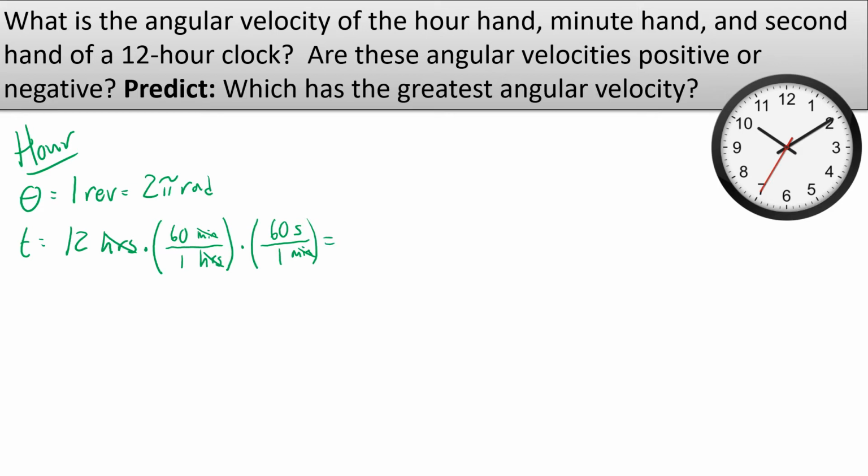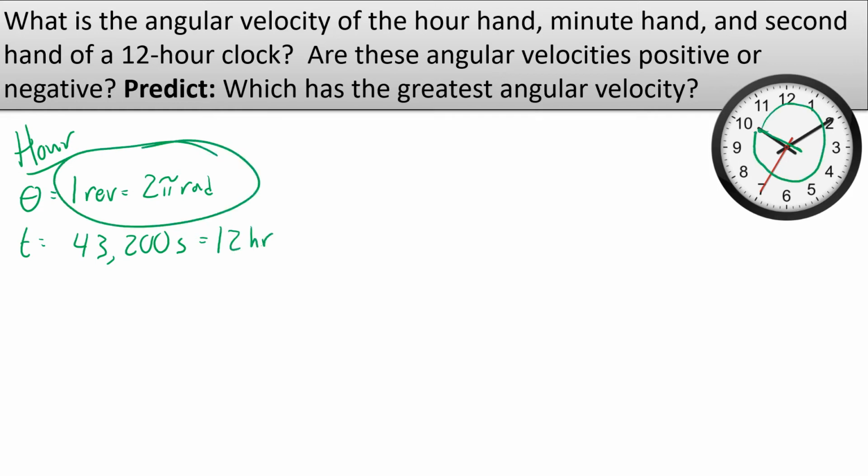So you just do 12 times 60 times 60, or 12 times 3,600, because there's 3,600 seconds in every hour. So we have 43,200 seconds. That's equal to 12 hours, right? It's a 12-hour period for the hour hand to go around once.